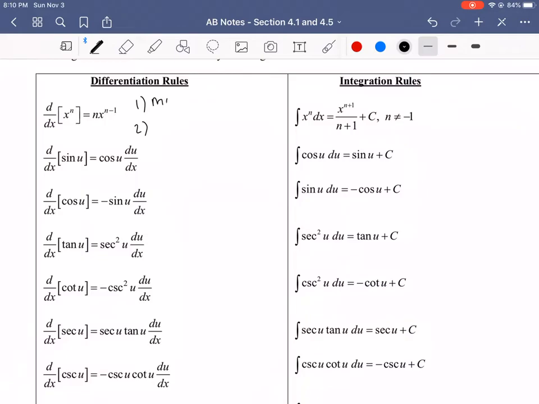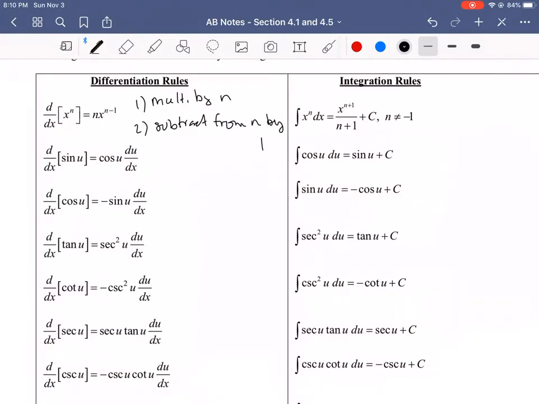And what you would say is that we would multiply by the exponent n, and then the second thing we would do is we would subtract from n by 1.